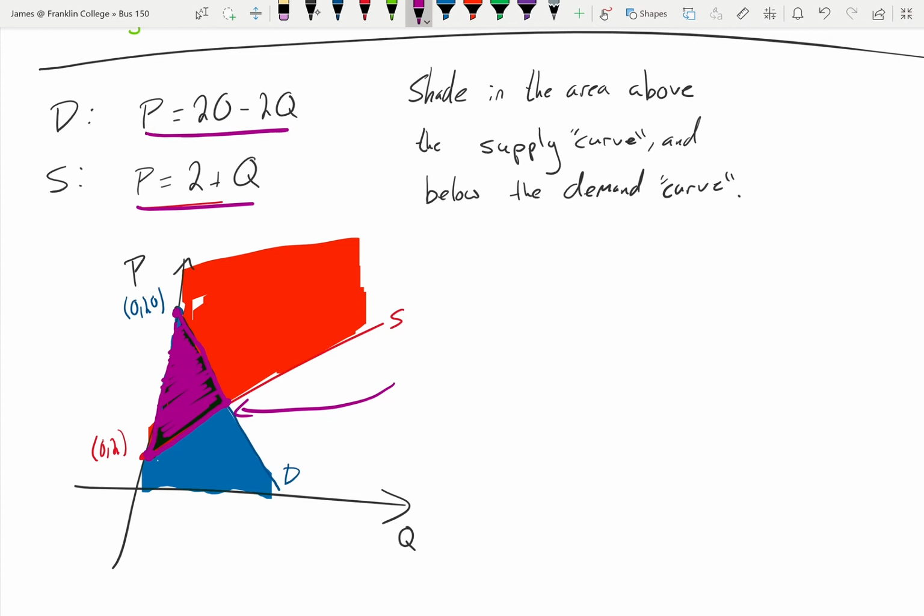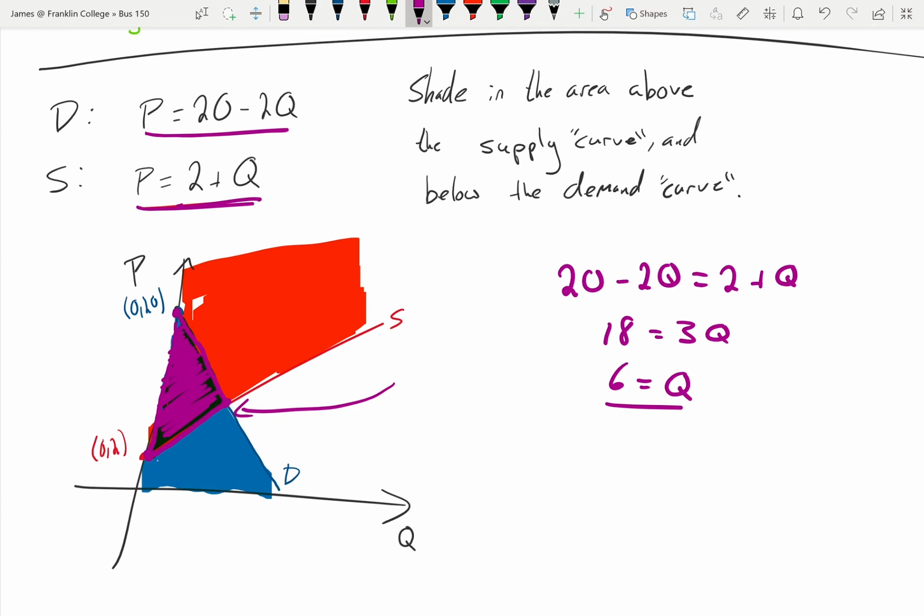So if P equals this and P equals that, we can just set this equal to that. So 20 minus 2Q equals 2 plus Q. We want to solve for Q. So 18 equals 3Q, or 6 equals 2Q. So Q equals 6.